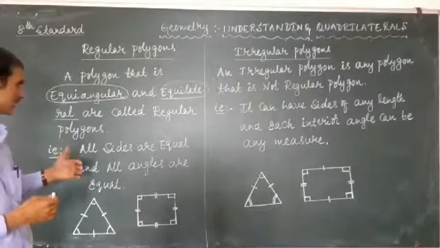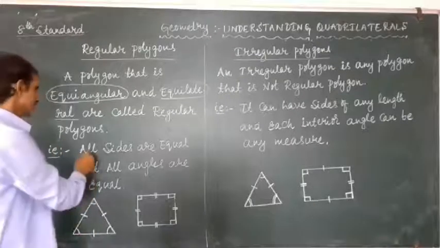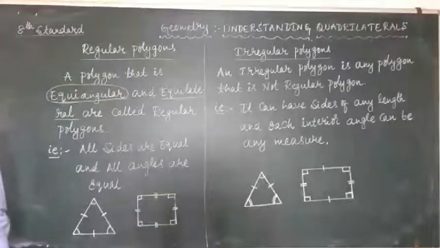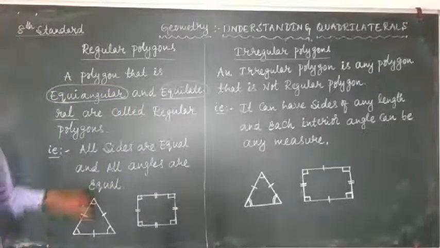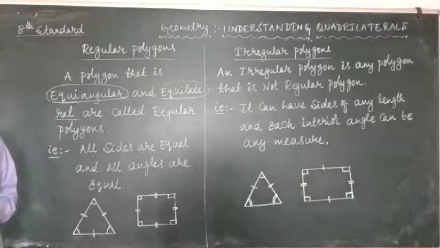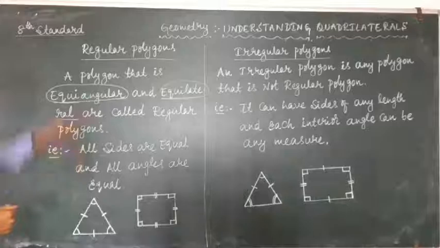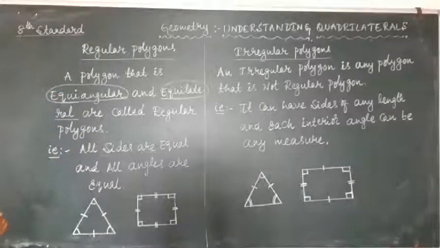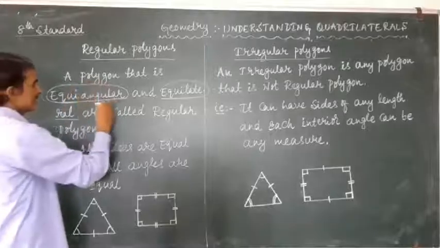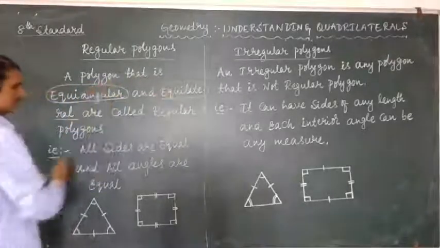So regular polygons have equal sides and all the angles are equal. So understand? Regular polygon means a polygon which is equiangular and equilateral.